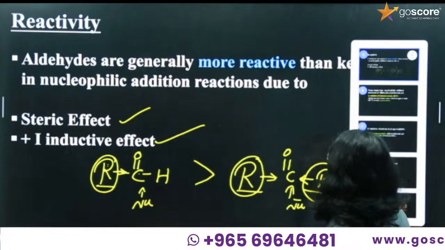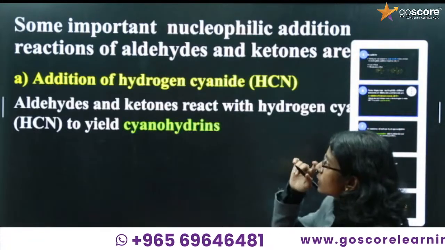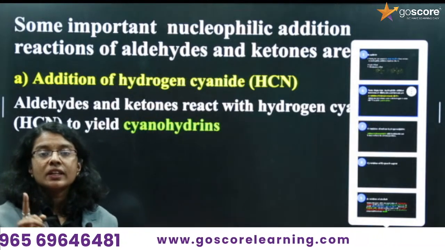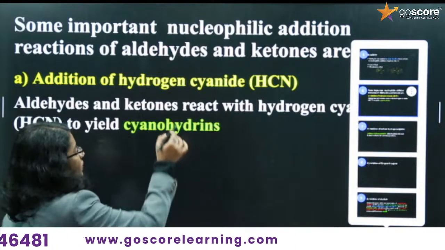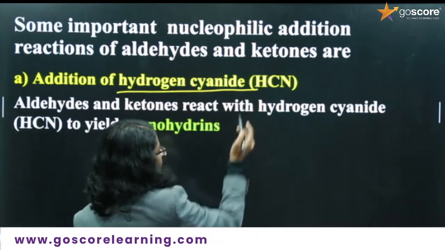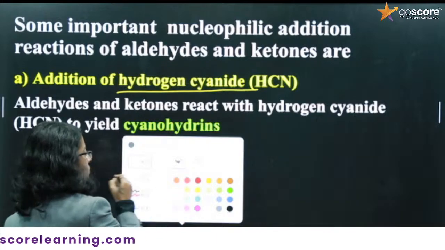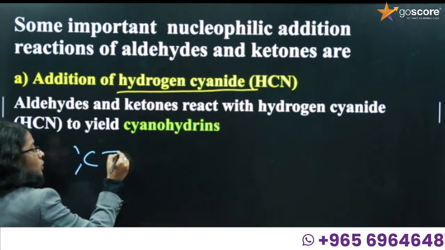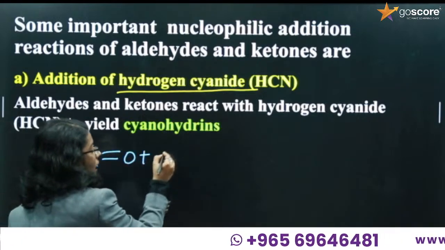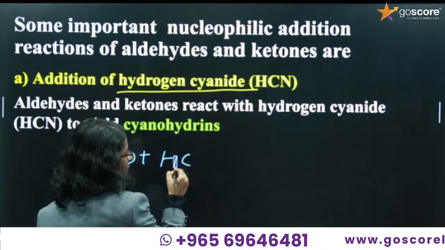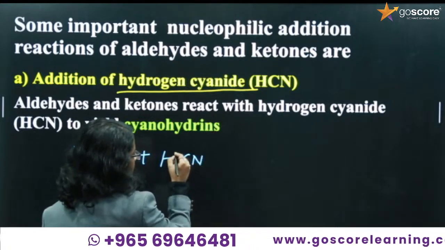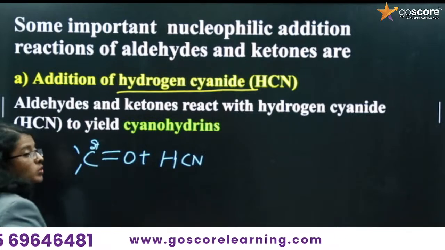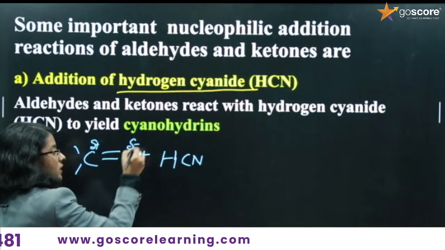Okay, the next one: now we are discussing the nucleophilic addition reactions. The first is reaction with hydrogen cyanide. A carbonyl group reacts with hydrogen cyanide. Here carbon has partial positive charge and oxygen has partial negative charge.